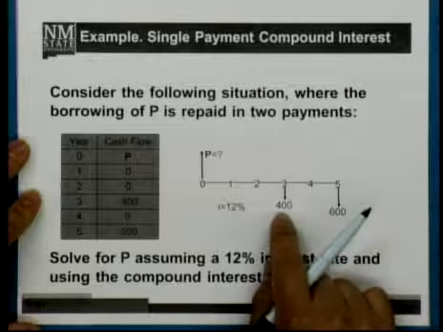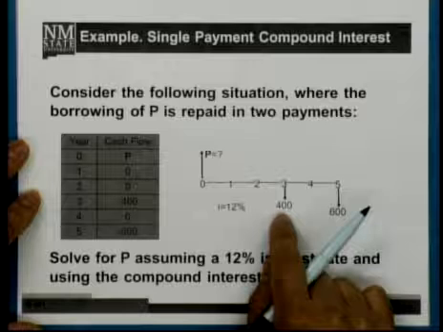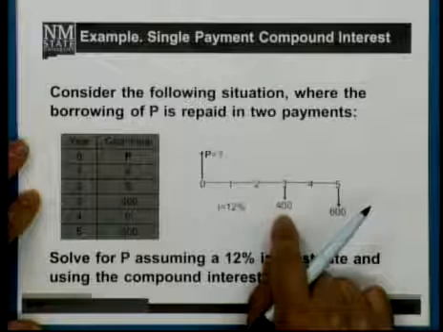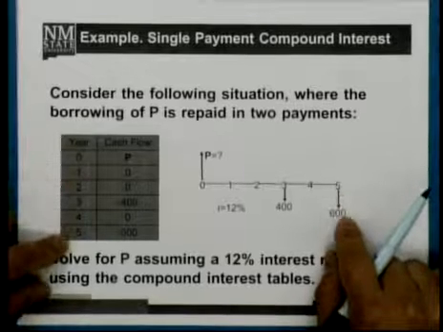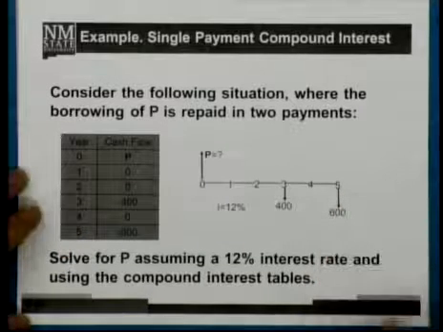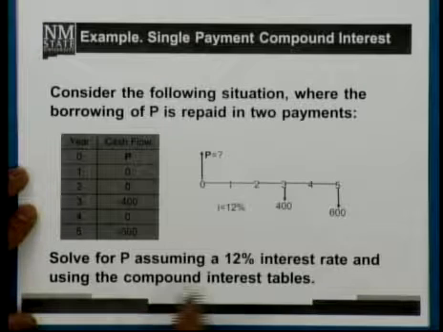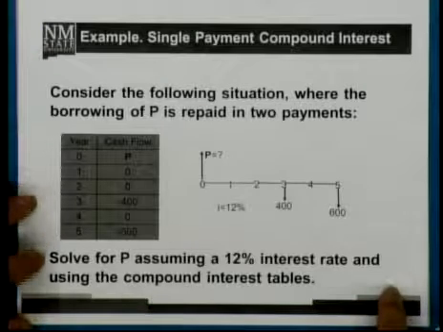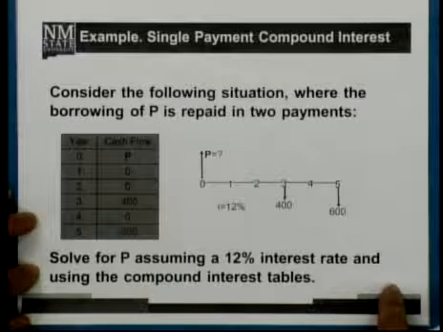At the end of year 3, you're going to pay $400, and at the end of year 5, you're going to pay $600, right? So here now we need to solve for P, assuming 12% interest rate and using the compound interest tables.